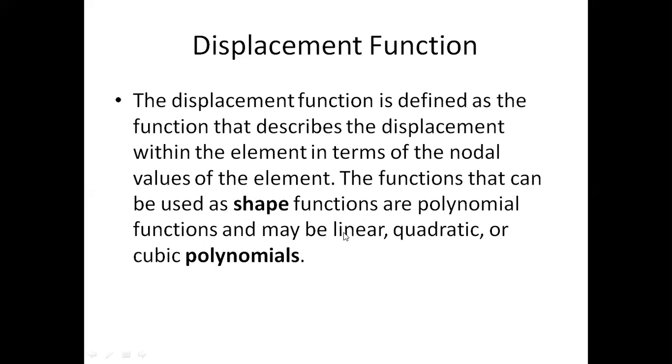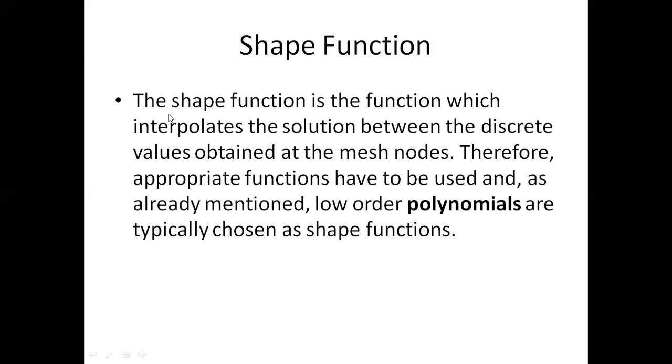Then what is the shape function? Shape function is the function which interpolates the solution between discrete values obtained at the mesh nodes. Therefore, an appropriate function has to be used, and as already mentioned, lower order polynomials are typically chosen as shape functions. Means shape function describes the values obtained from the mesh.